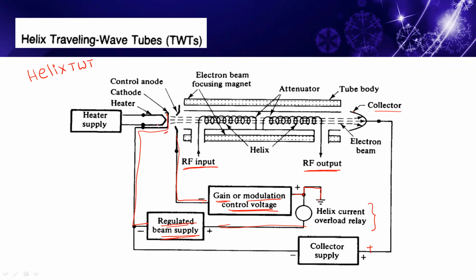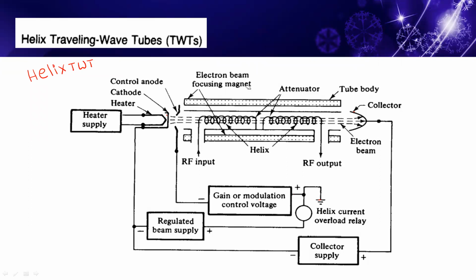So this is the basic constructional diagram for the helix type of traveling wave tube. Generally, this helix type of traveling wave tube uses an electron beam associated with a slow wave structure.